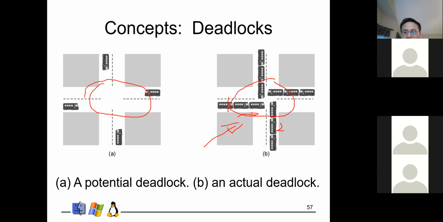You write your code to impose some restrictions on the programs to prevent the possibility of a deadlock. You try to prevent this at compile time. So that's what we call deadlock prevention, okay? You try to write your program in a proper way to not let the deadlock situation happen.